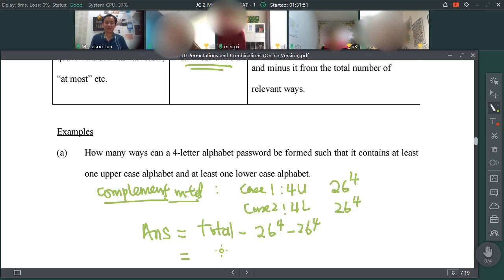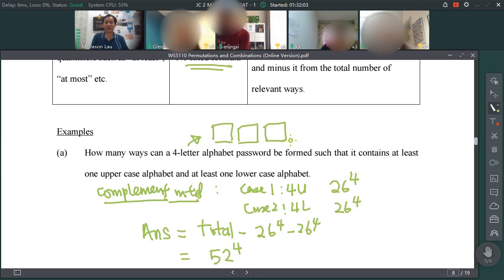Close. Think of boxes. When you do problems and they arrange in a certain way, like a row, think of it physically like boxes and so on. Then maybe you have less chance of making mistakes. And each box has 26 plus 26 combinations, 52.